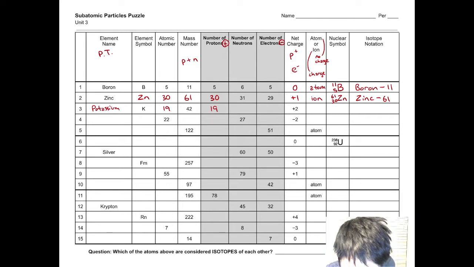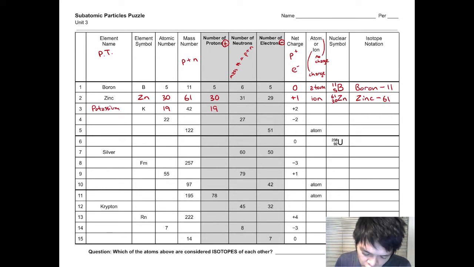Mass number is equal to proton and neutron, right? So if we want to figure out the amount of neutrons here, we should go, okay, neutrons plus protons equals the mass number.